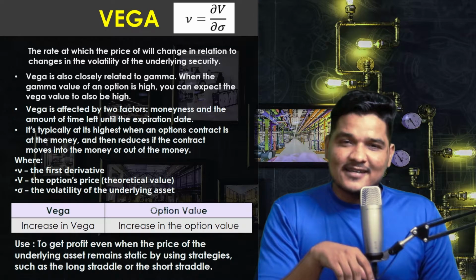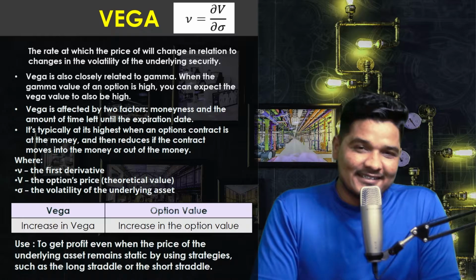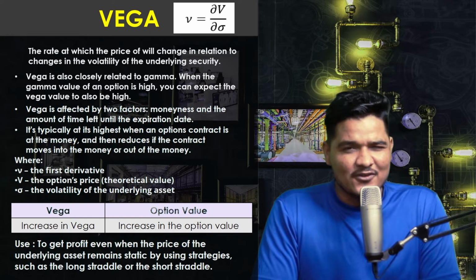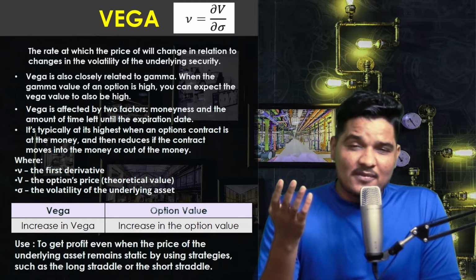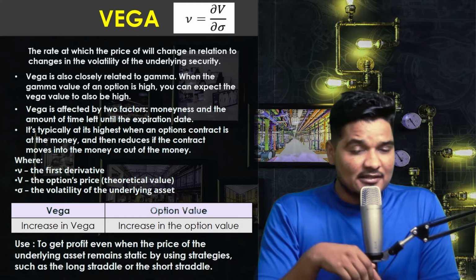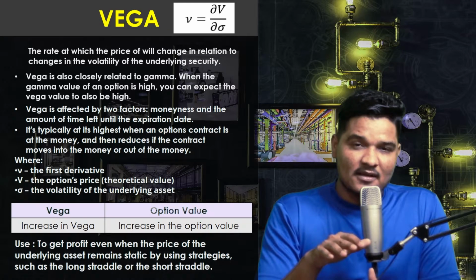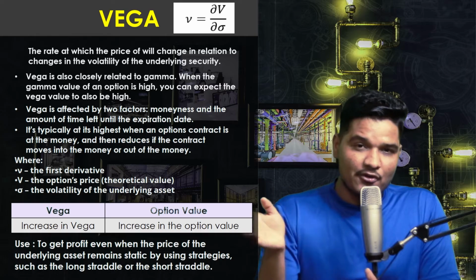Static means it doesn't change much. Then I am saying again the high volatility. Then some of you might be confused. Volatility means the option price is dynamic in nature, or at least it is moving in one direction. But that is not the case. I'll be explaining it in our upcoming videos, so stay tuned and watch that video also.